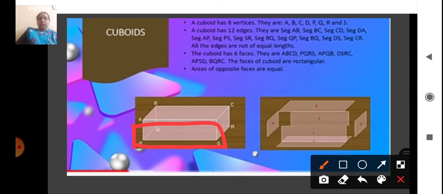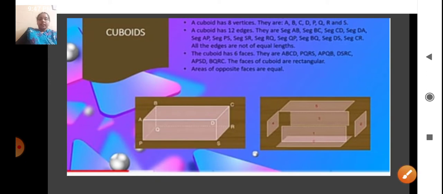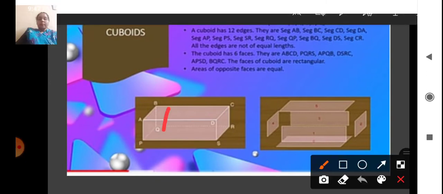APSD. Okay, children, APSD. And APBQ also I showed you, na children? APBQ here. Yes. Now one last I'll show you, BQRC. This one. See this one. This is BQRC, children.